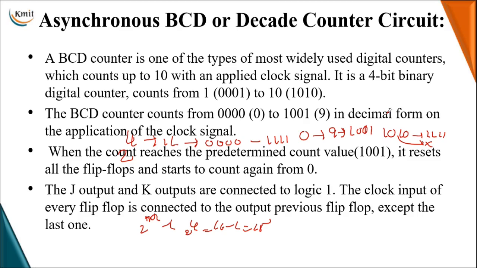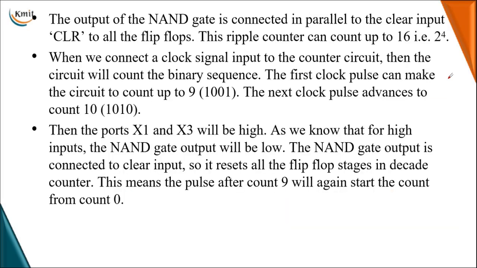In the decimal number system also we have only 10 unique symbols, 0 to 9. It is also called binary coded decimal code or decade counter because of 10 states. Another name is mod 10 counter, because there are only 10 states: mod 10 decade counter or BCD counter.